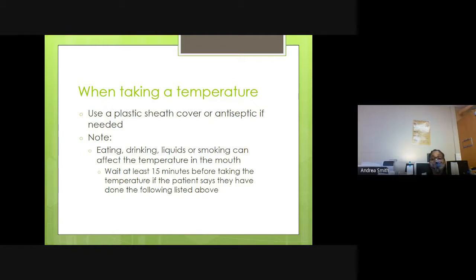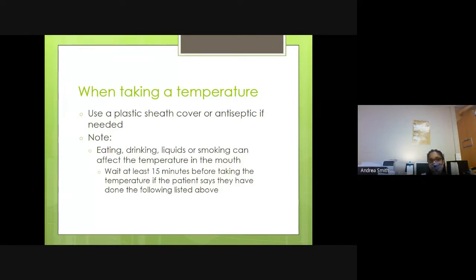You must wait at least 15 minutes before taking the temperature if the patient says they've done the following listed above. It's also up to you as the healthcare professional when you're taking the vitals that you pay attention to the temperature.